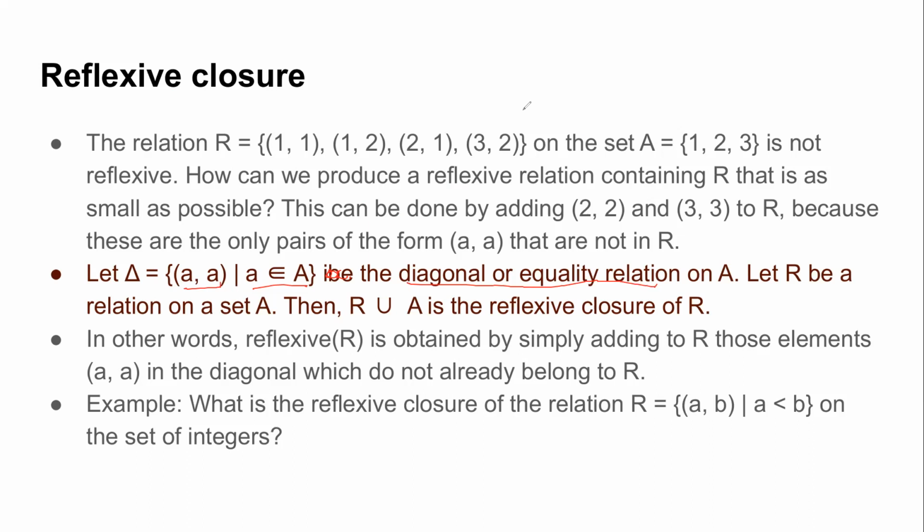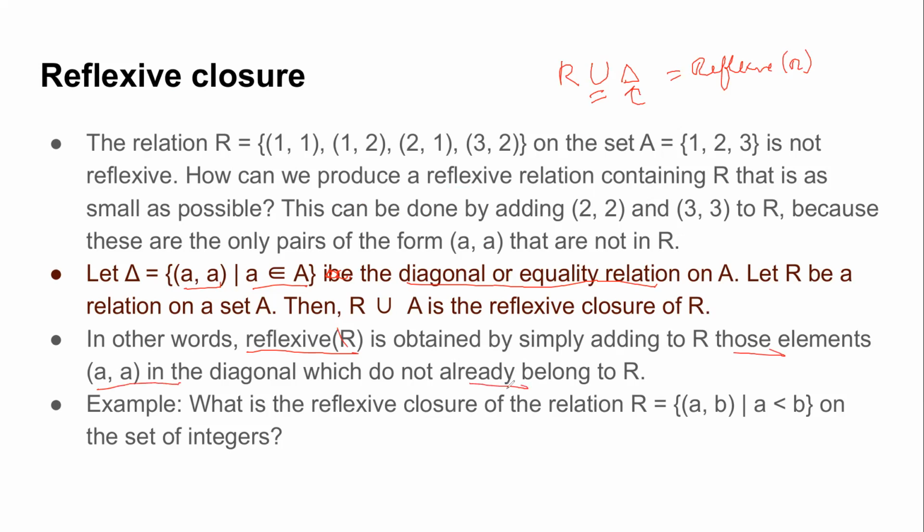If in general to any relation R you add the diagonal relation, it forms its reflexive closure. Okay, because you have taken a union, so whatever elements are already there, they will be there, but what you add are those elements which are missing. Or in general, the reflexive closure of R is simply obtained by adding to R those elements (a,a) which are missing.